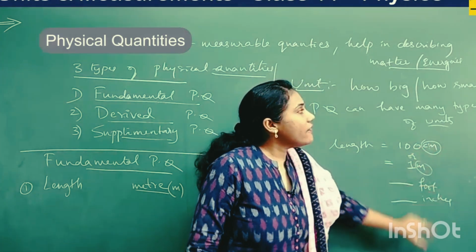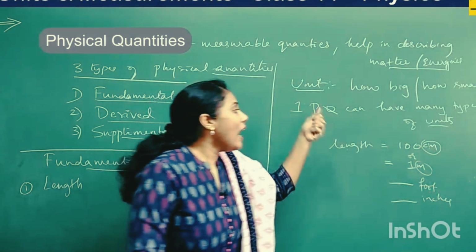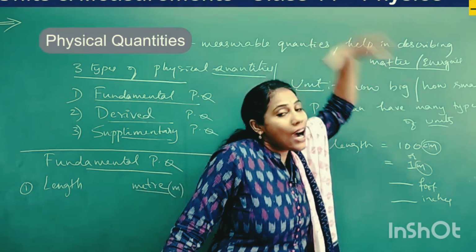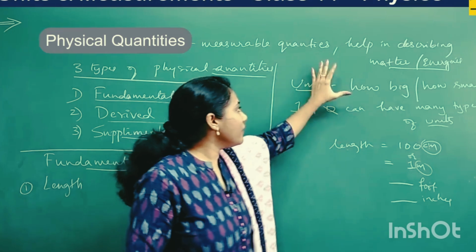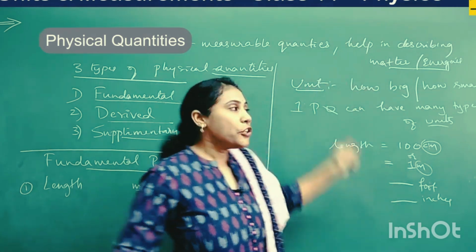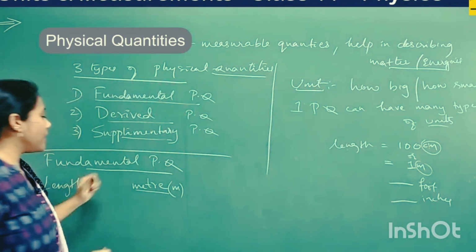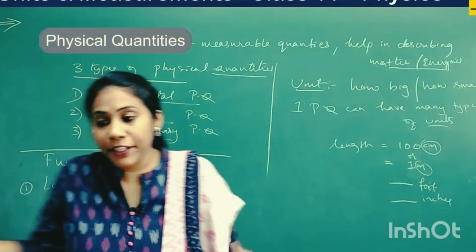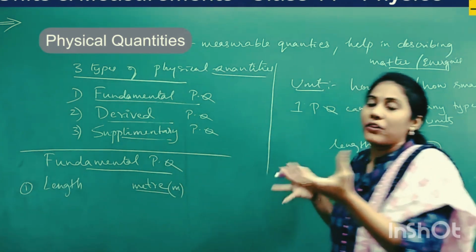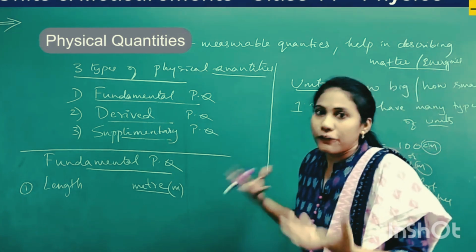So unit is the one which is giving an idea about how big the quantity is or how small the quantity or measurement is. That way unit is helpful. So any physical quantity must definitely be associated with the unit. This is what is telling you the quantity of a particular matter or the force.